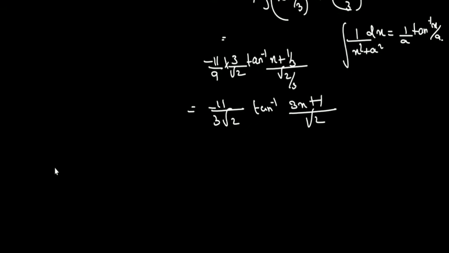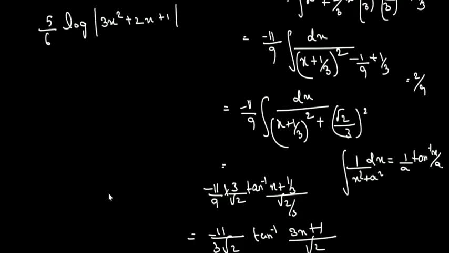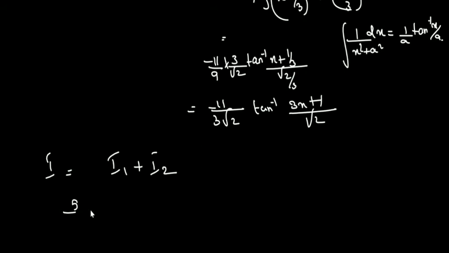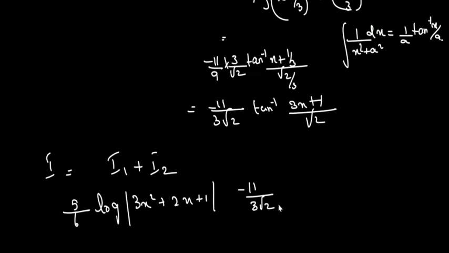So the final answer I is I1 plus I2. I1 we got as 5 by 6 log modulus of 3x square plus 2x plus 1, minus 11 by 3 root 2 tan inverse 3x plus 1 by root 2, plus c.